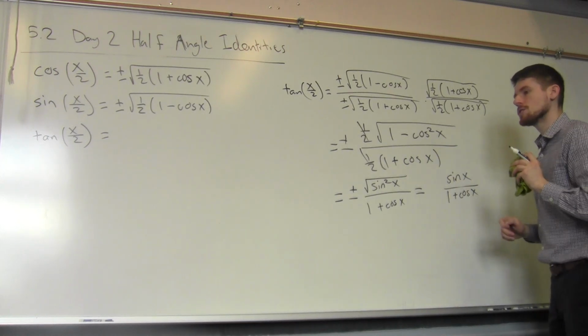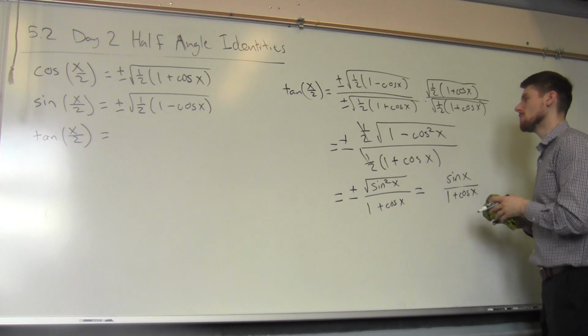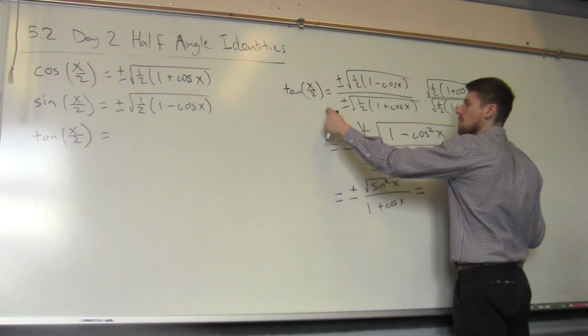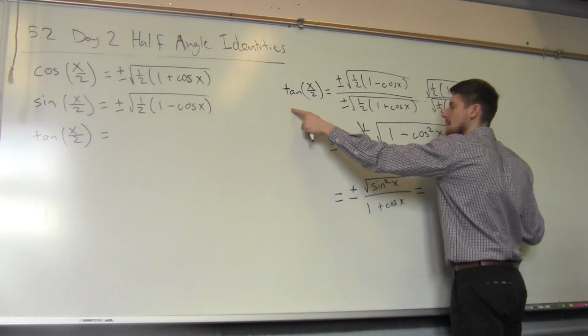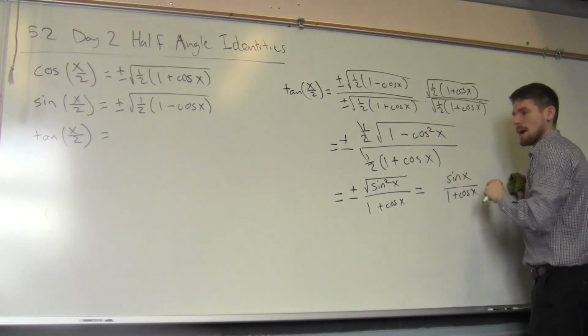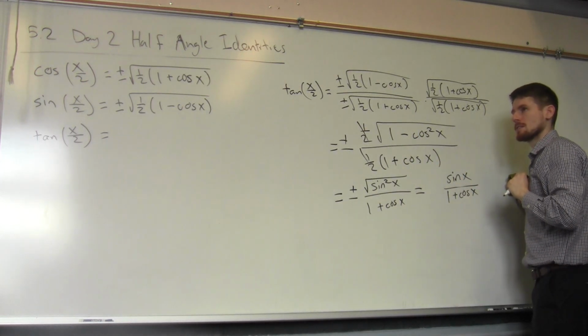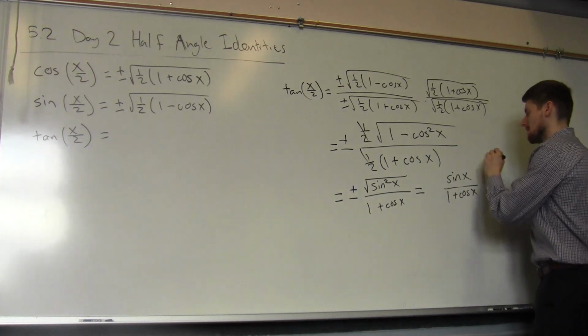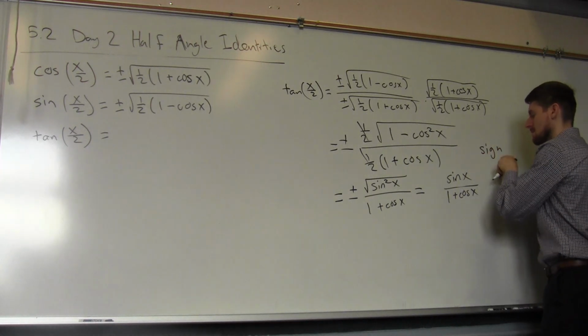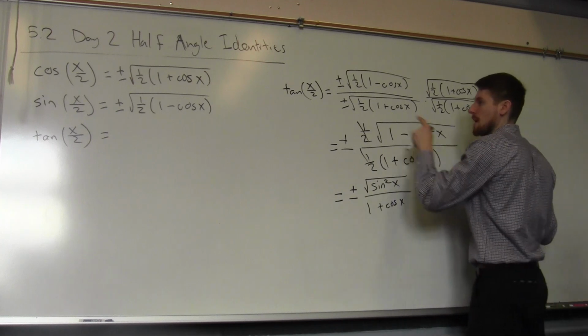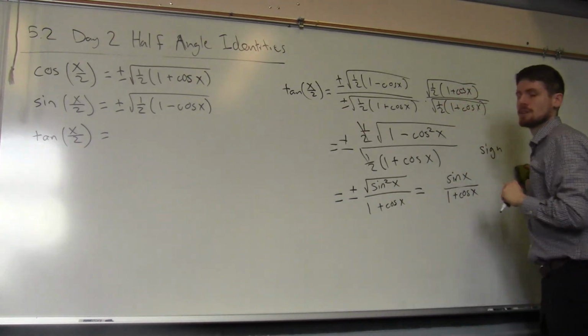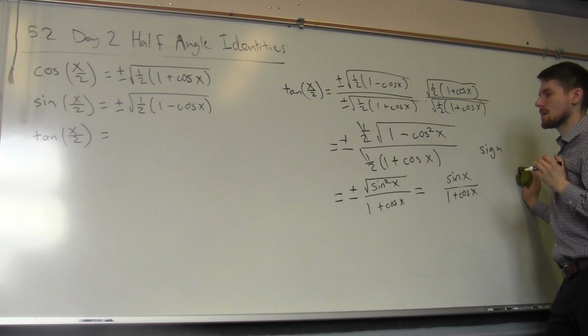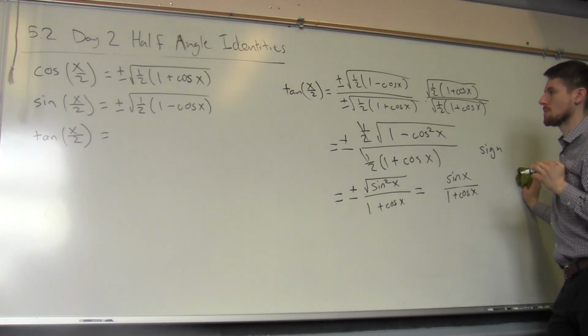And I would encourage you to check some examples to try to figure out, well, what should the sign of x over 2 be? And does it match up with the sign of sine x? The sign of sine x should match up with the sign of tangent of x over 2. Turns out that they will match up.